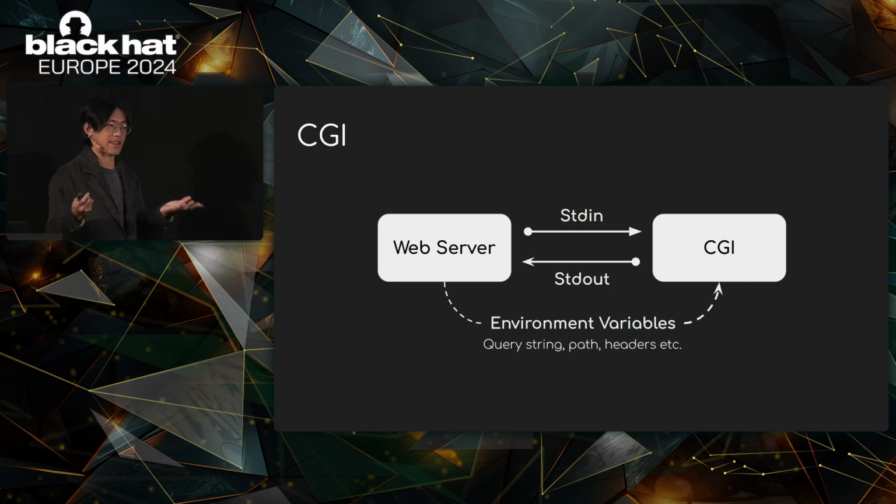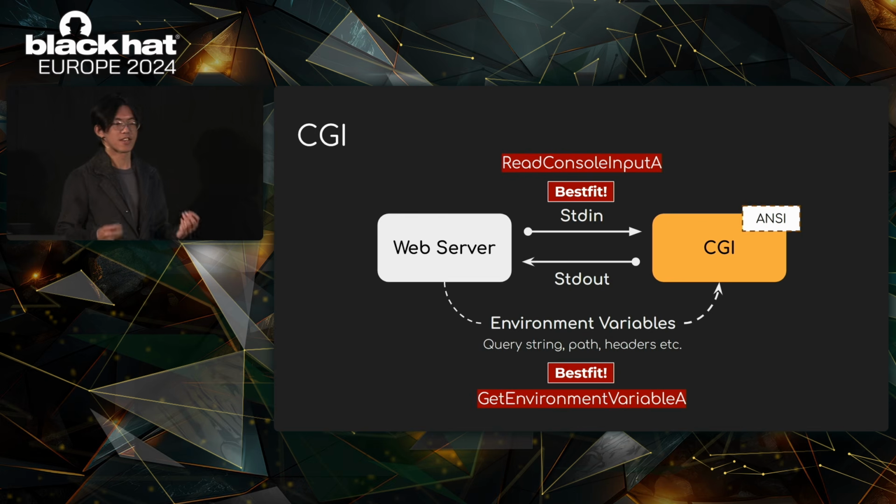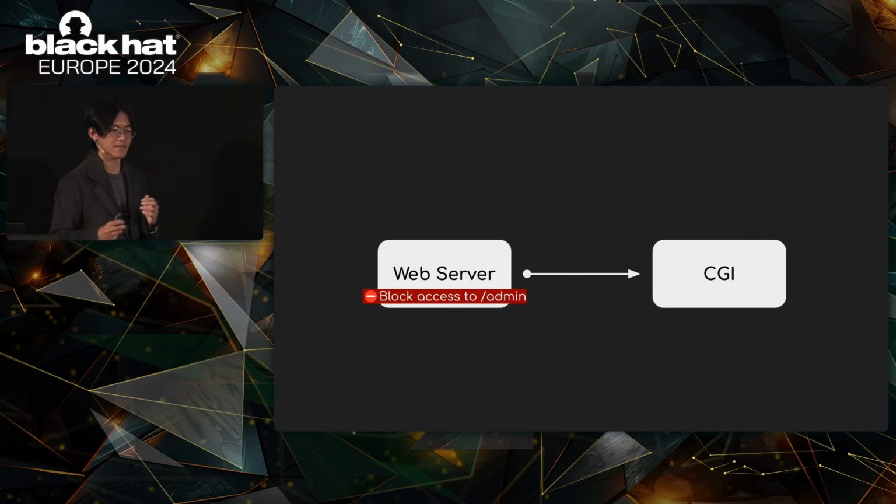So if the CGI is vulnerable to the WorstFit attack, then there must be something going to happen. When the CGI uses the ANSI API to retrieve those environment variables, that data will be vulnerable to the WorstFit attack.